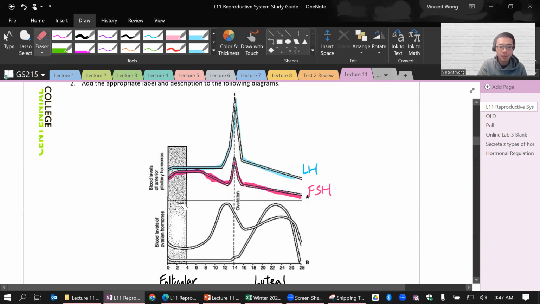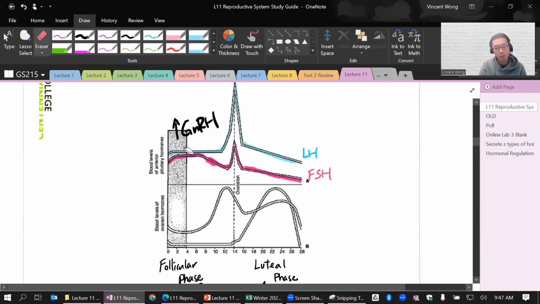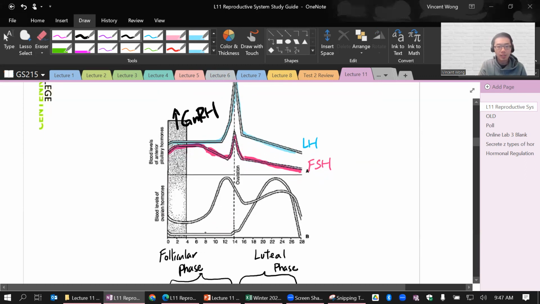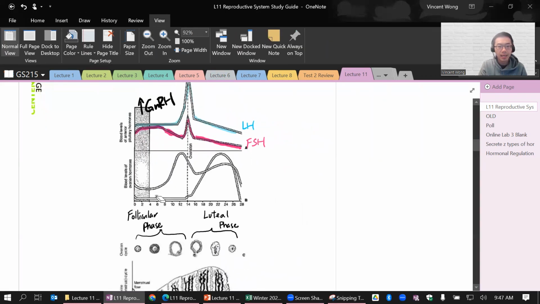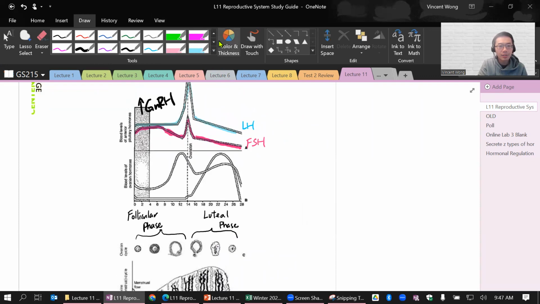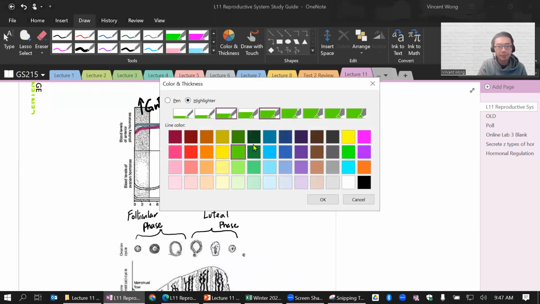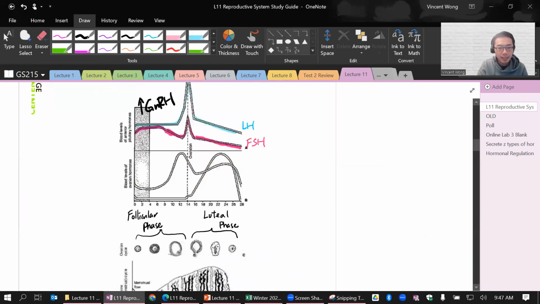So during this part here, you would have increased GnRH, which causes the LH and the FSH to increase from their previous level. And that causes the follicle to develop, right? And as the follicle develops, you can see that this hormone keeps on going up, up, up. So what hormone is that?